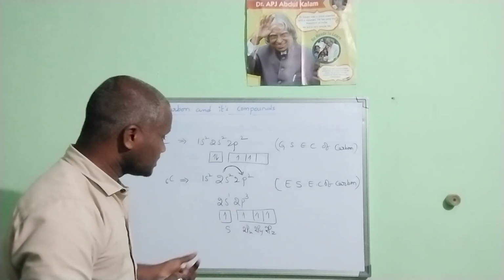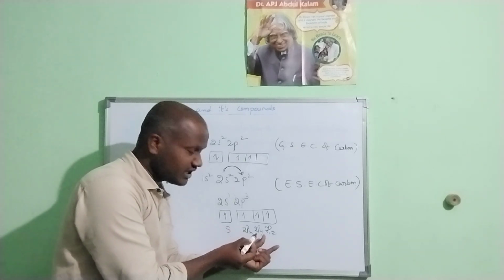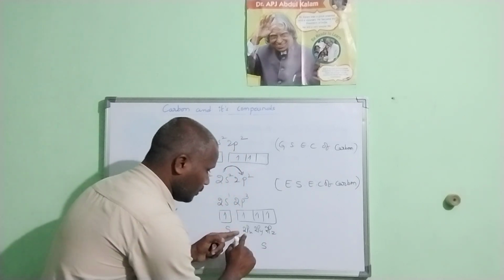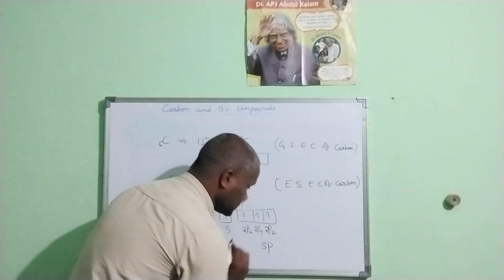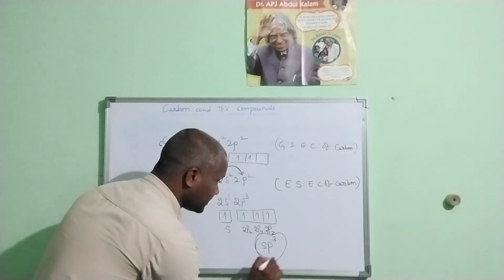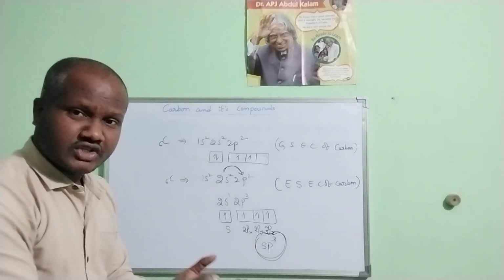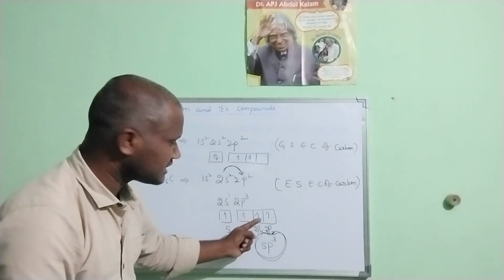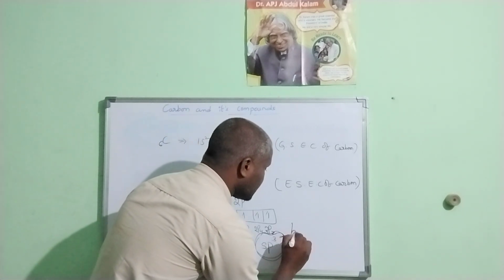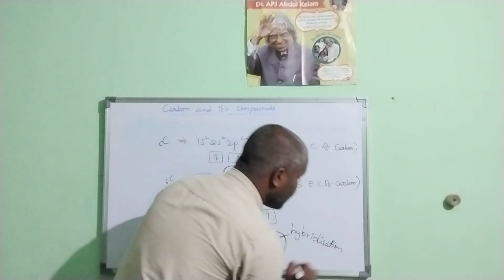Here there is one s orbital and 3 p orbitals, so we pronounce this as sp3. In the excited state, carbon has 4 unpaired electrons, so carbon can be involved in sp3 hybridization.